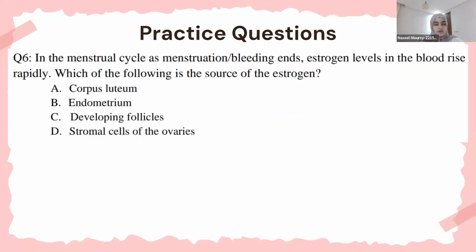Okay, next question. In the menstrual cycle, as menstruation or bleeding ends, estrogen levels in the blood rise rapidly. Which of the following is the source of the estrogen?